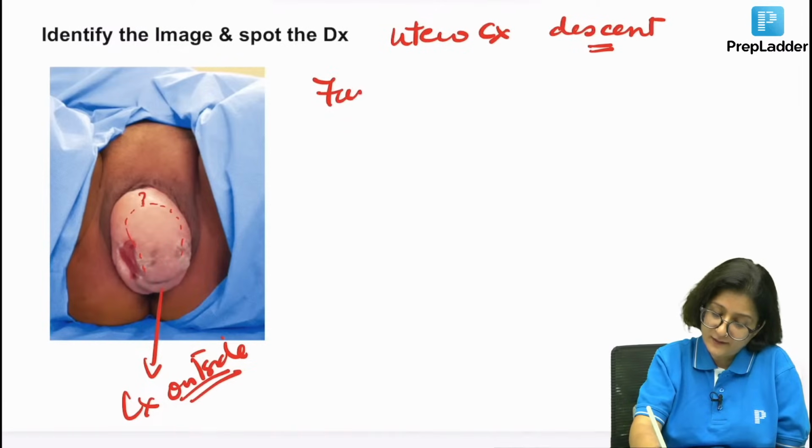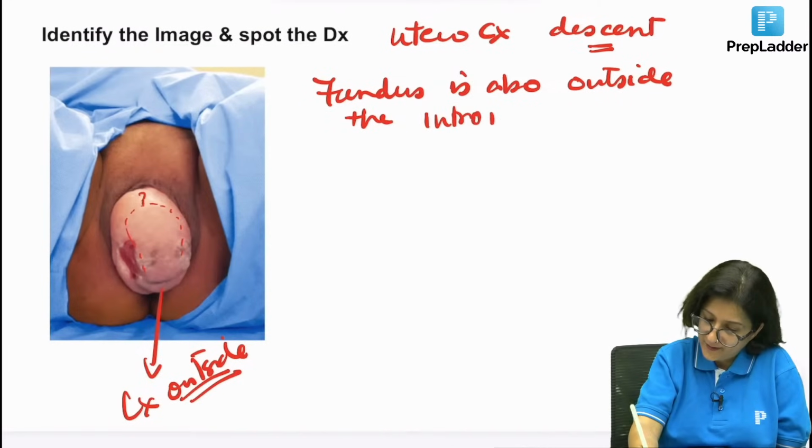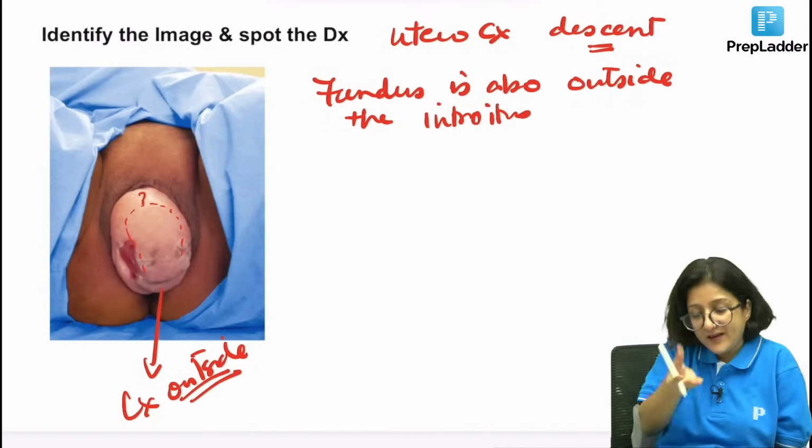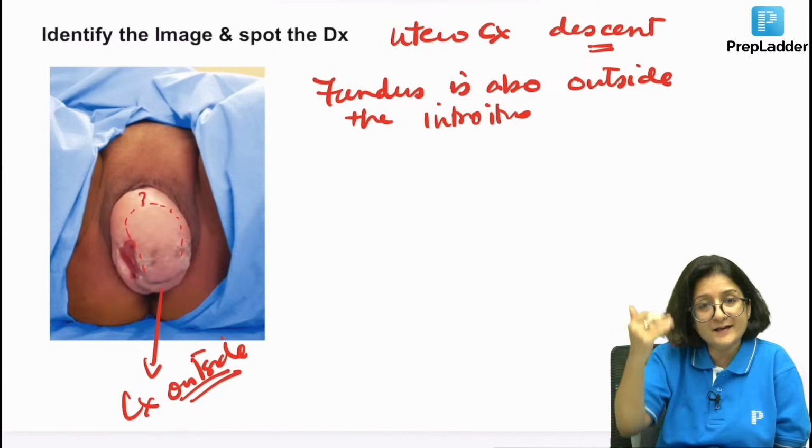If they tell you that the fundus is also outside the introitus, we feel this mass in between our fingers and then try to feel and judge on clinical examination whether the entire uterus is out.